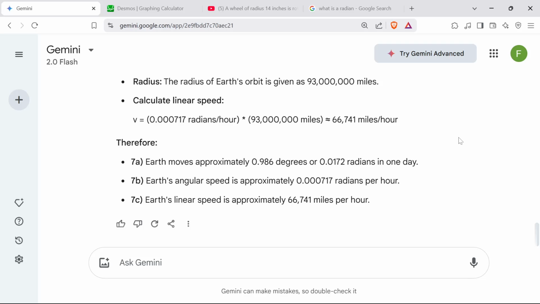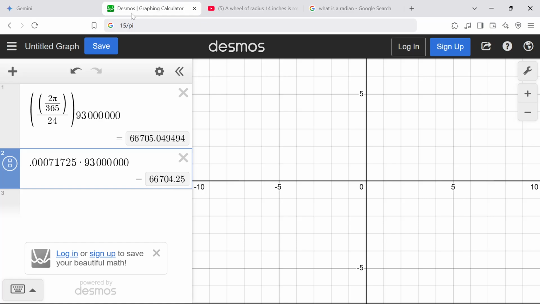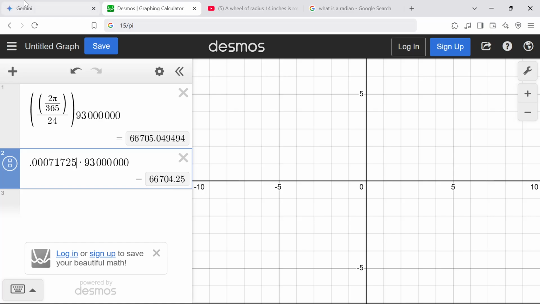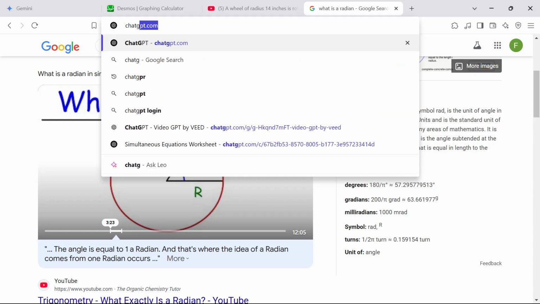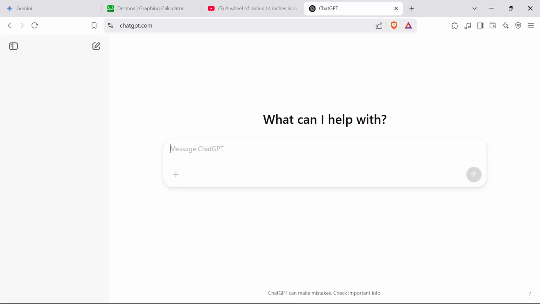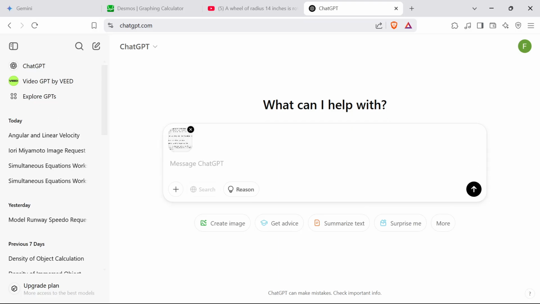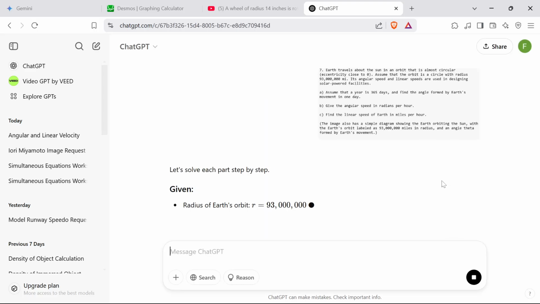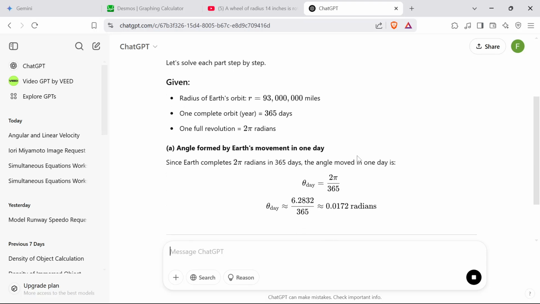It got 66,741,000. Where did that come from? Let me try it on ChatGPT and see what it comes up with. You can't trust these all the way.